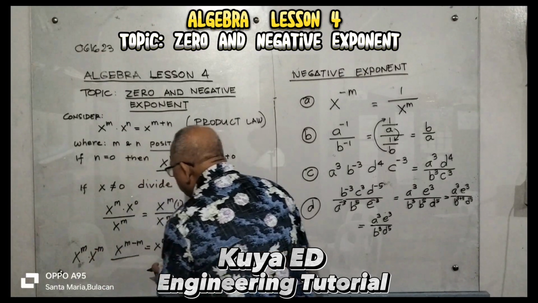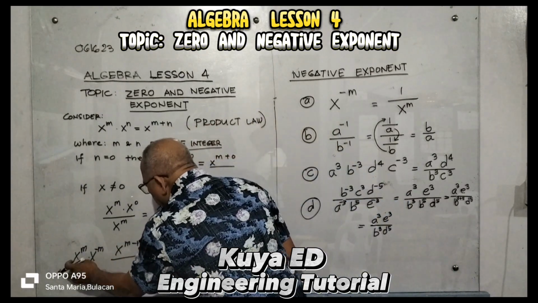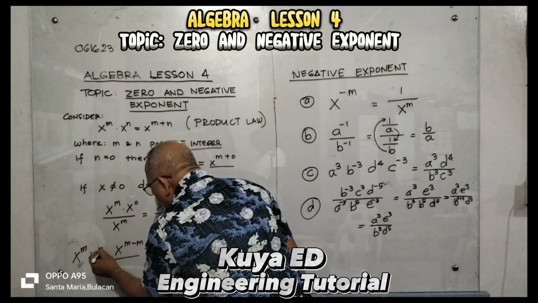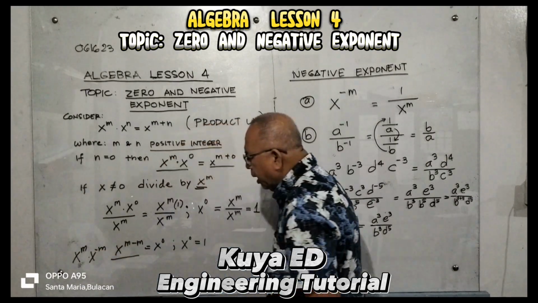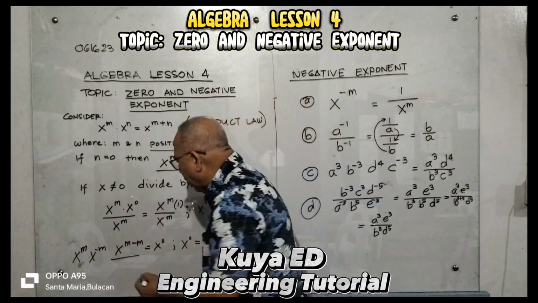Bakit negative? Kasi yung denominator, inakyat natin with the same label. Wala nang denominator, wala sa ilalim, inakyat natin para magpareho sila.